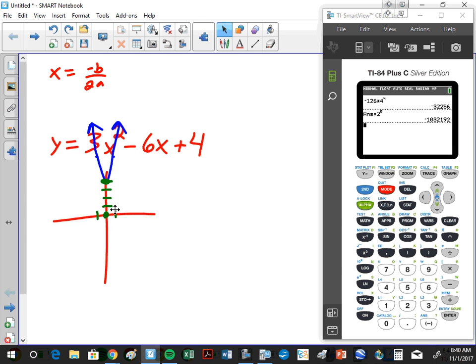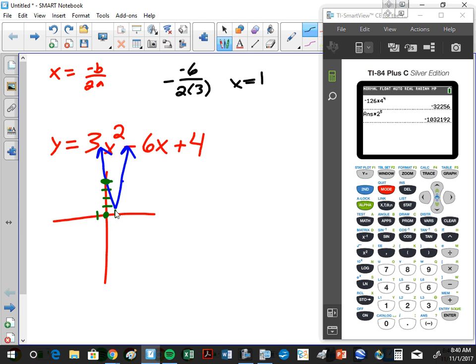And then what is the -6 going to do? It's going to move it to the right. So we use the equation -b over 2a. So the opposite of -6 over 2 times 3. So it's -6 over 6 with the negative out front, which turns into 1. So x equals 1. We move to the right 1, and it still has to hit in the same place.